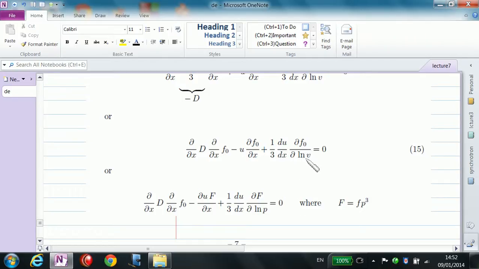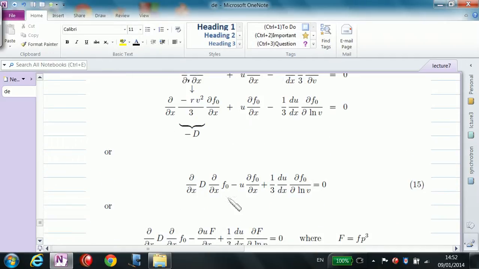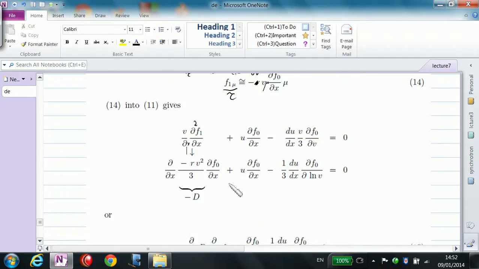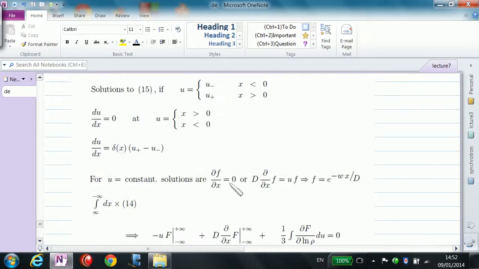Log v is log p. Oh, right. So the difference in here is that u is inside the d/dx. I think this should be f0 now.